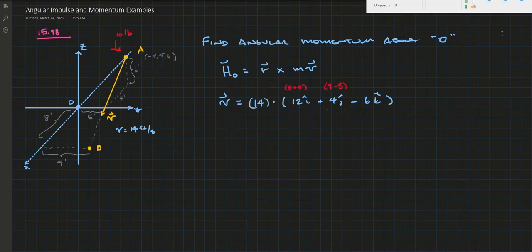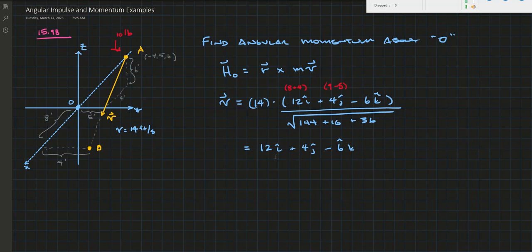Let's move those to the top because we still have to divide by the magnitude of that vector to get a unit vector. So we square each of those coefficients and take the square root. The square root of the denominator actually equals 14, so you end up with just this vector again.